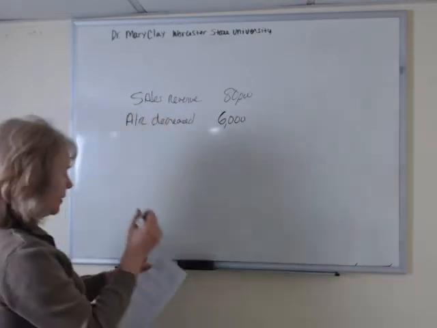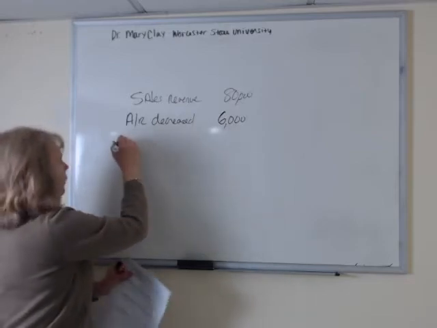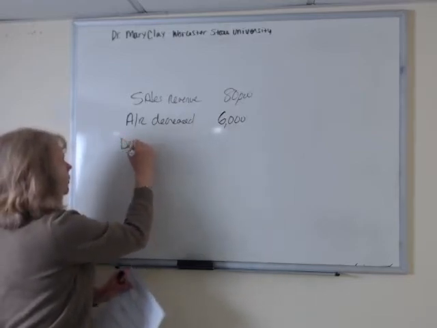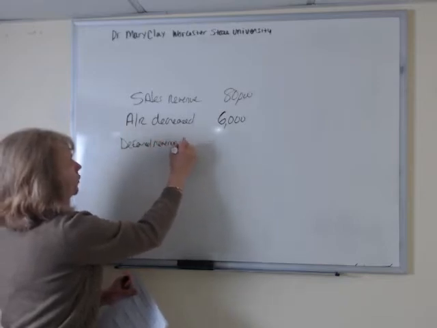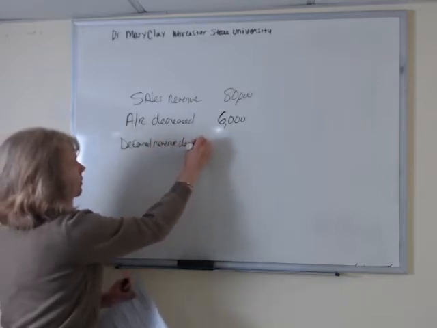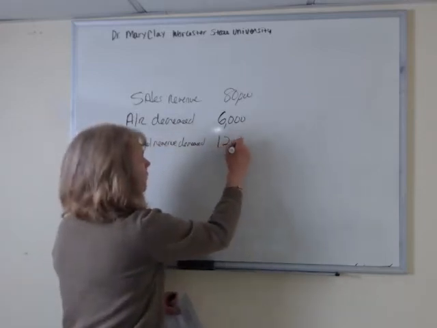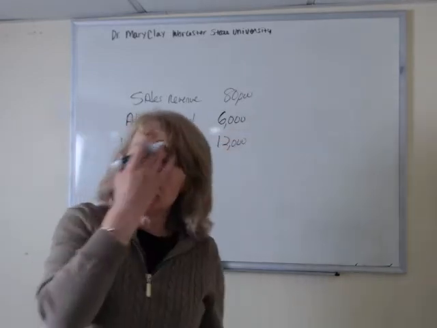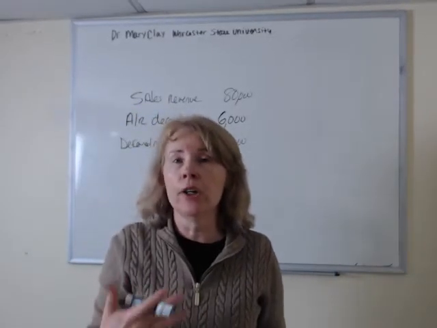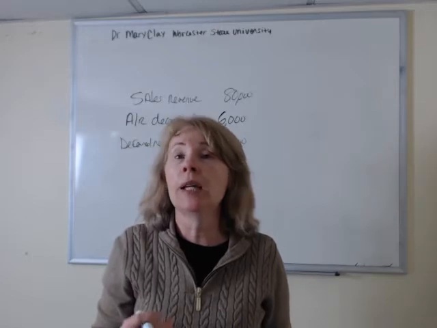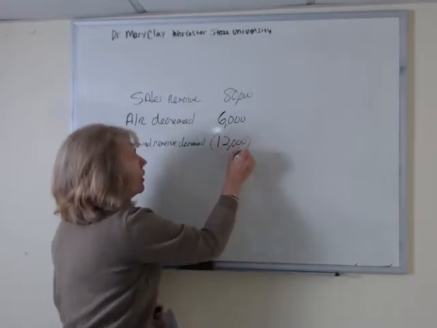And then deferred revenue decreased, 12,000. It's going to be exactly the same as the indirect. Unearned revenue or deferred revenue is a current liability, so we will subtract that.